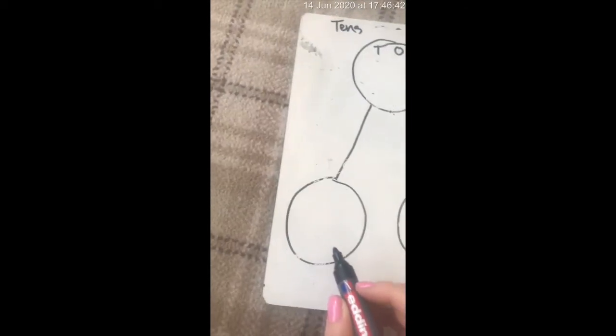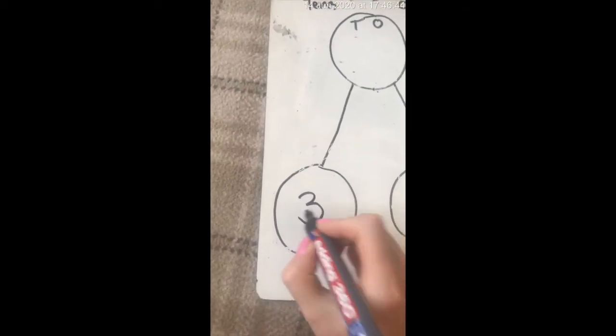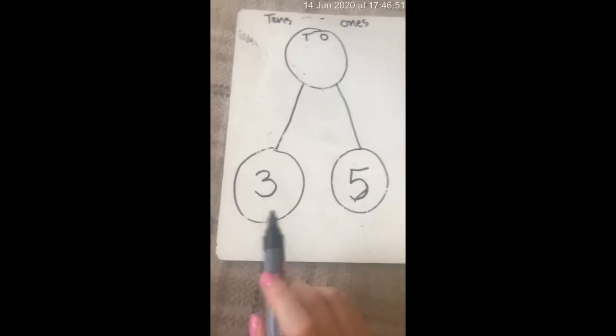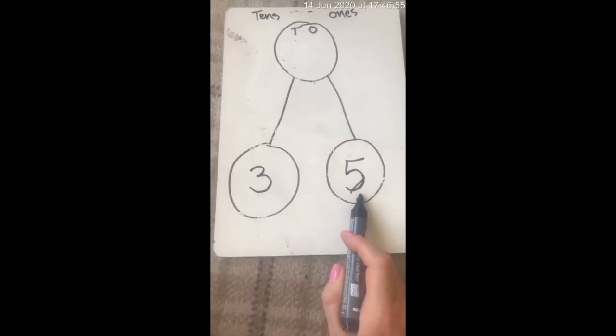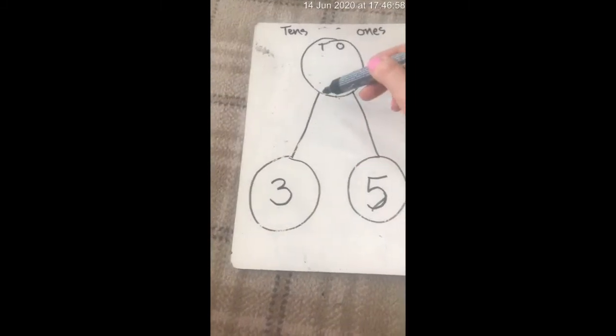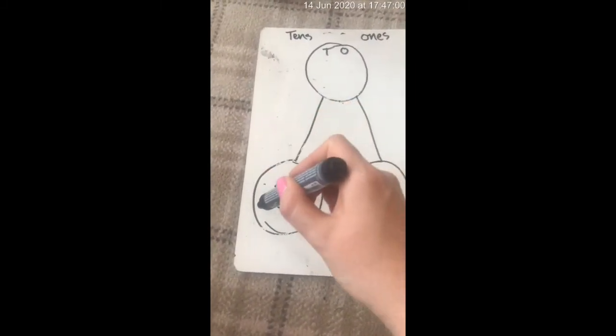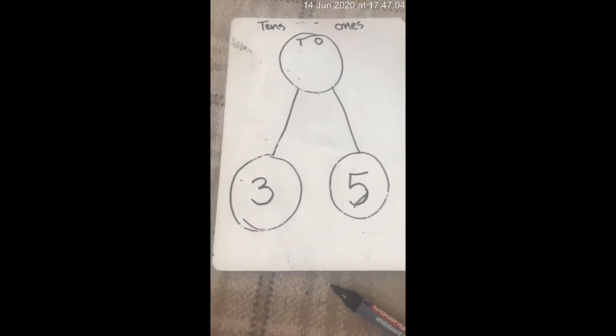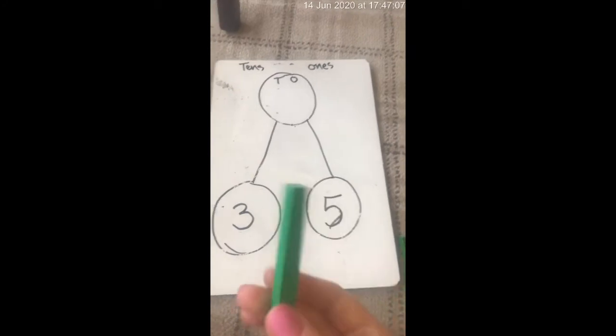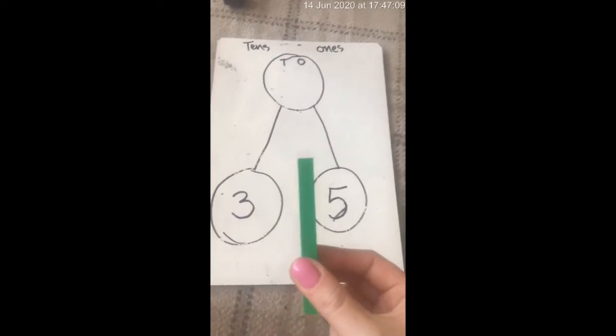Okay? And last of all, I'm going to give you this one. Okay, so there I've got the digit 3 and the digit 5. Now remember, we've partitioned into tens and ones. So now I've not got my Deans to help me out, okay?